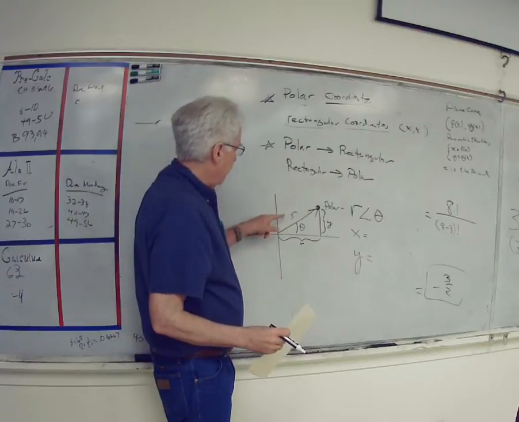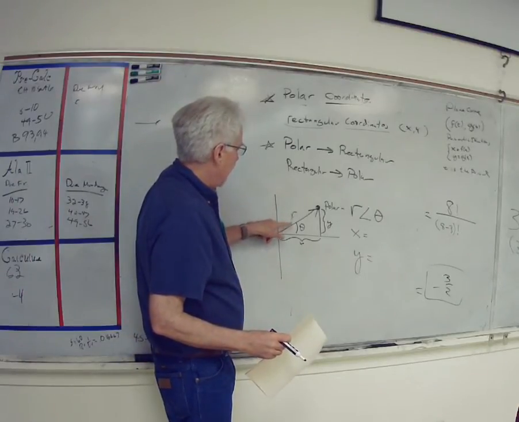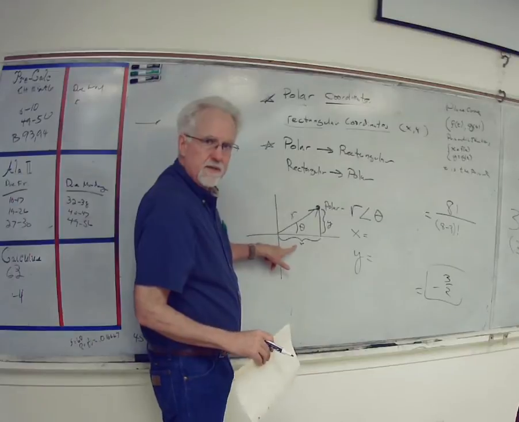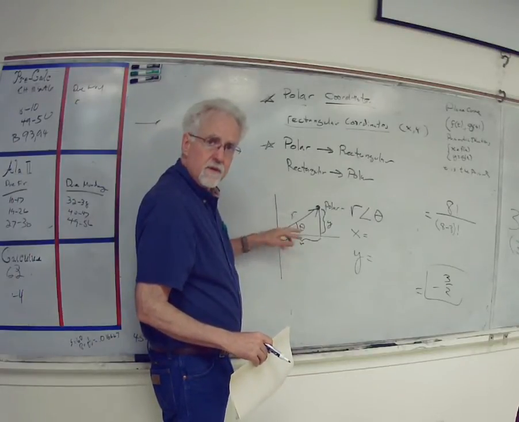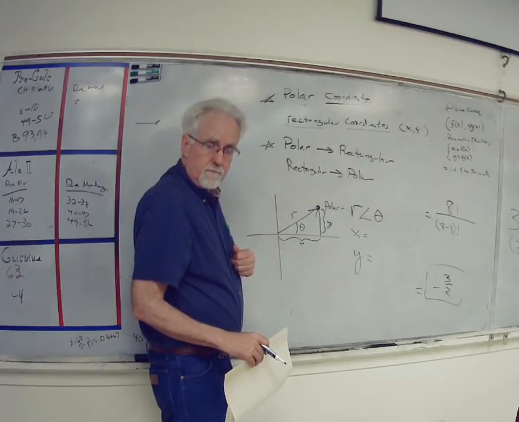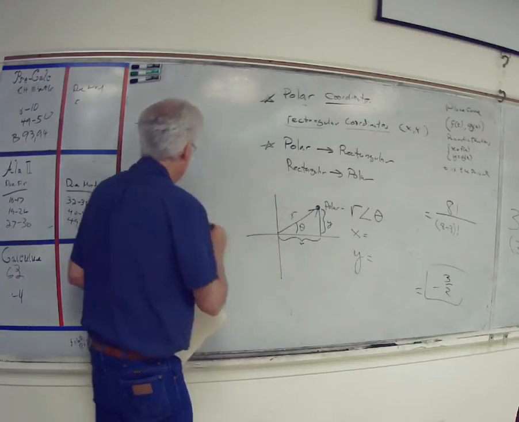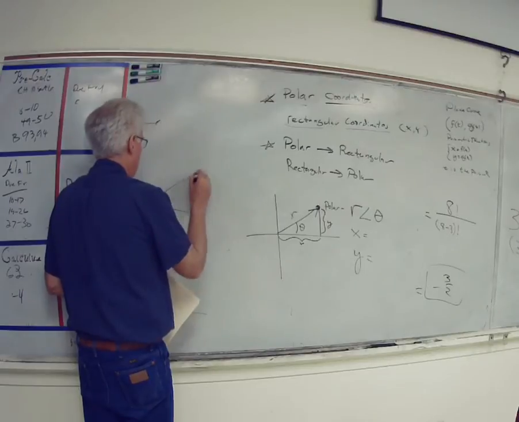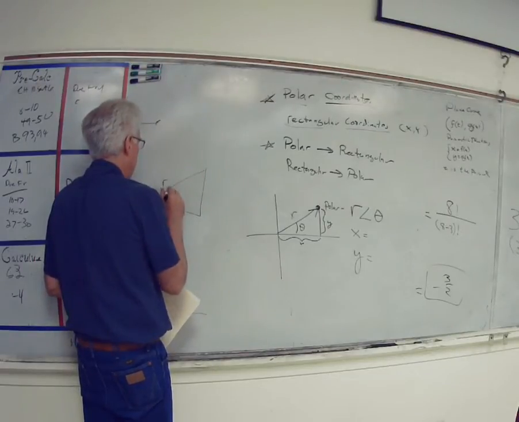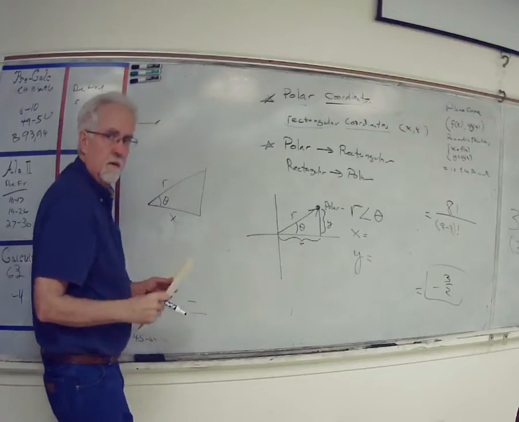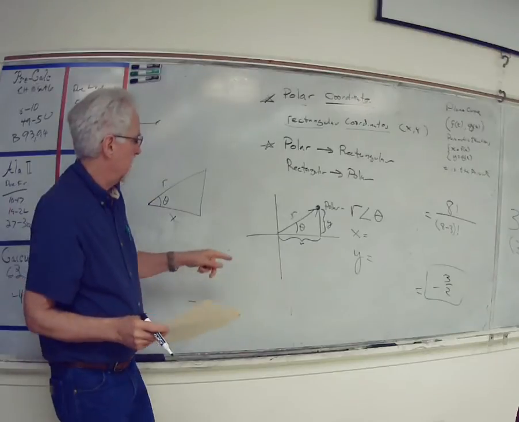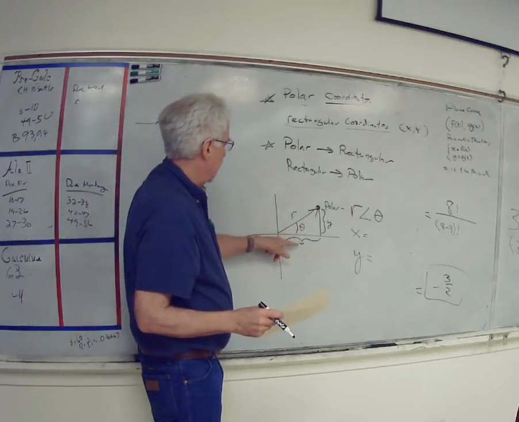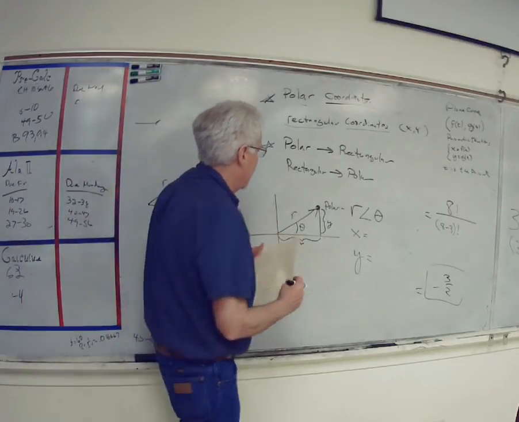So Catherine, if this is r and this is theta, can you tell me what x is? X is equal to r times something. It's a triangle. There are sines or cosines. Do you remember the word we use? SOHCAHTOA. So x is r cosine theta.